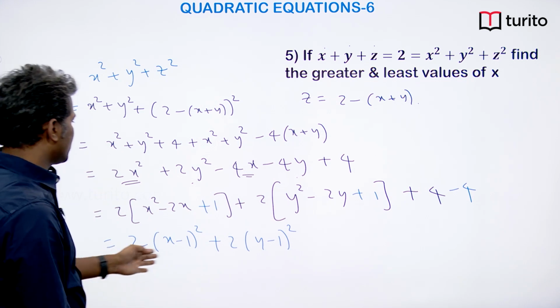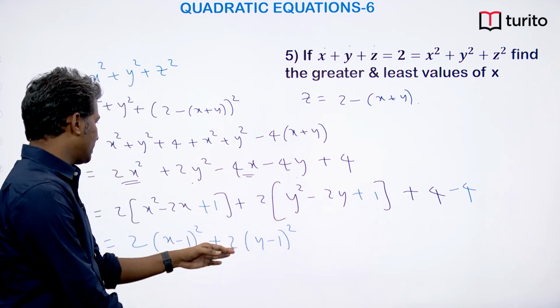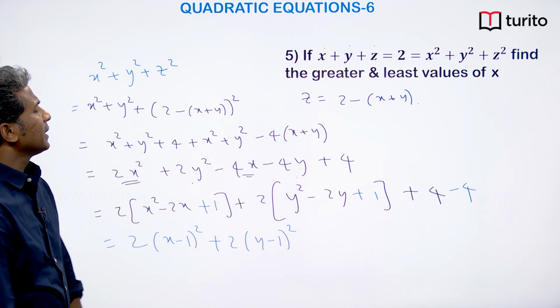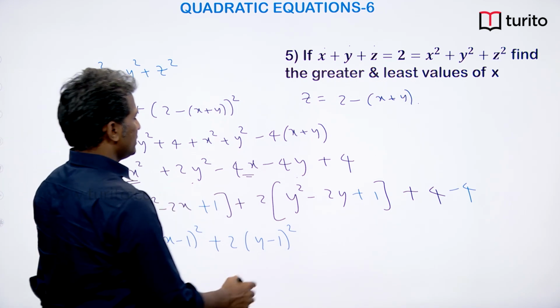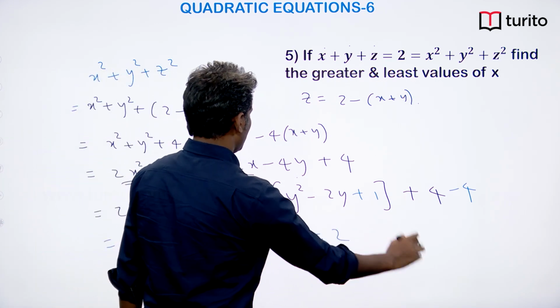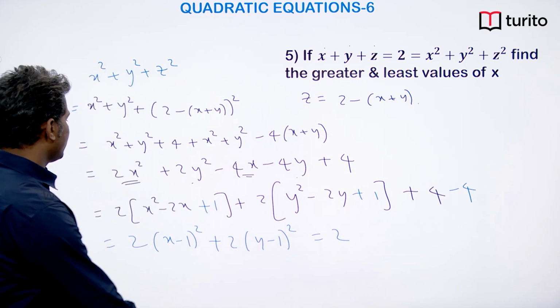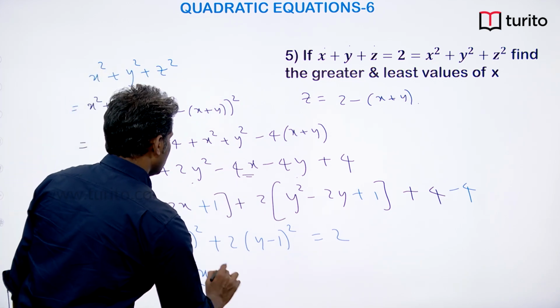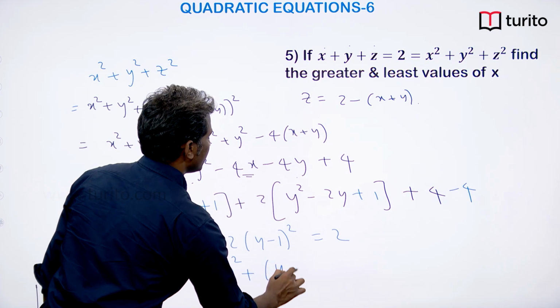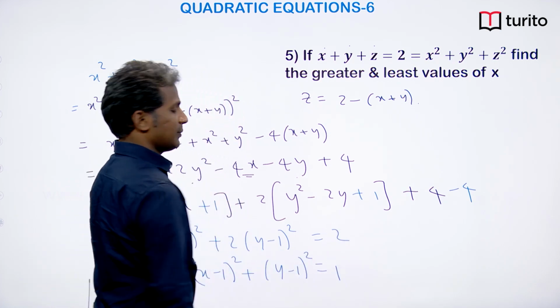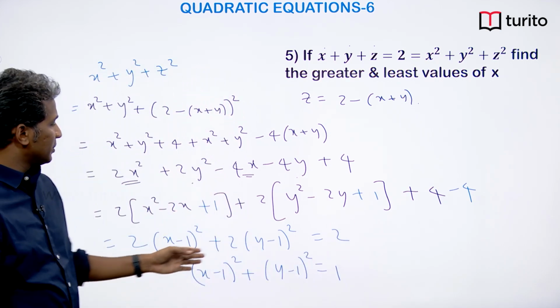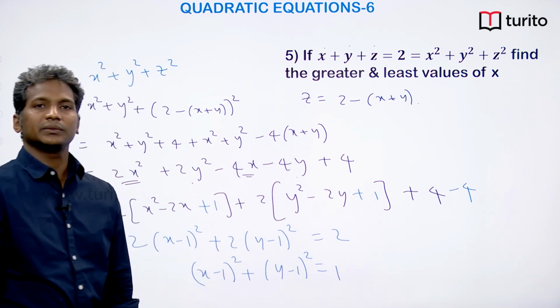This is always a non-negative term, it comes out to be a sum of two perfect squares, and this value is given to be equal to 2. So this gives us a condition like (x minus 1) whole square plus (y minus 1) whole square equal to 1. Now check for the minimum and maximum values of x here.